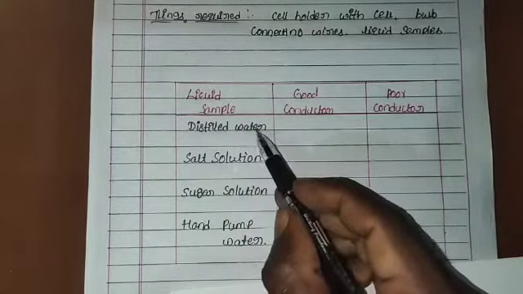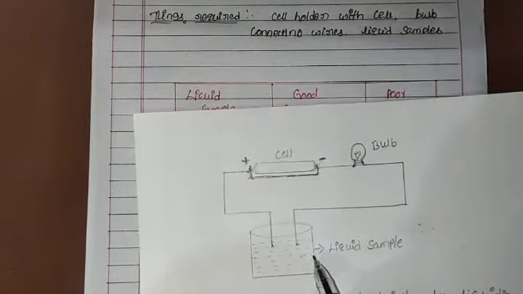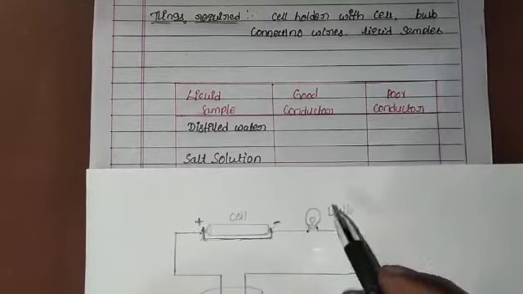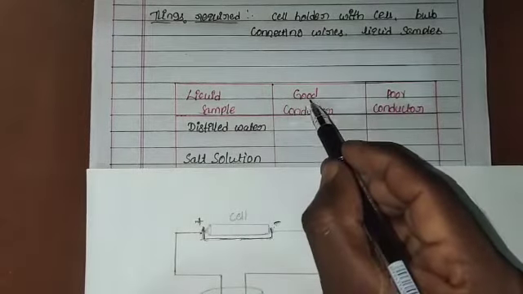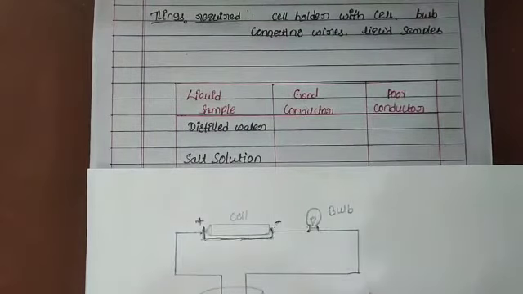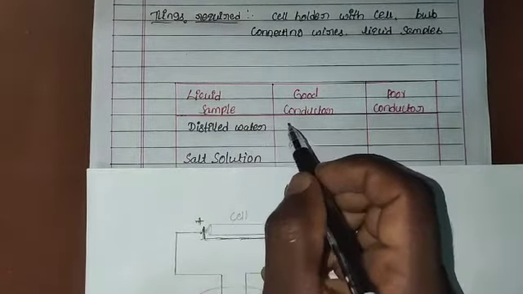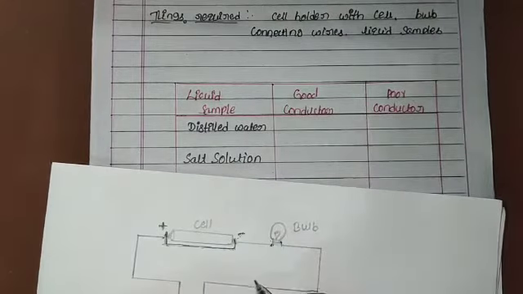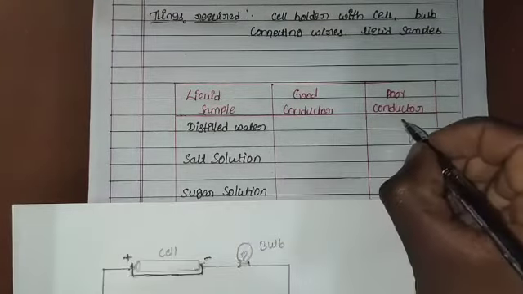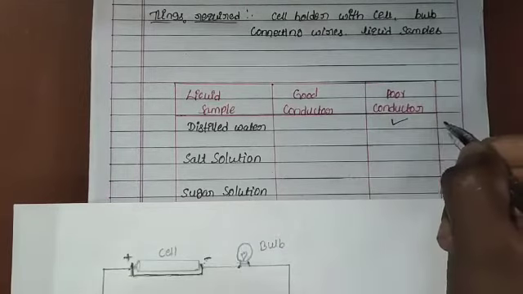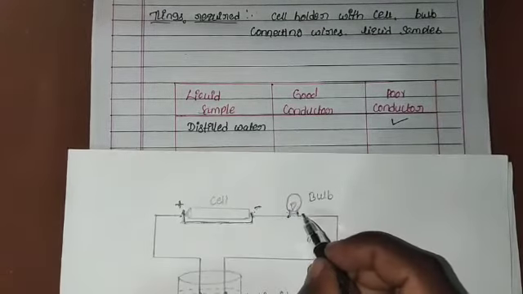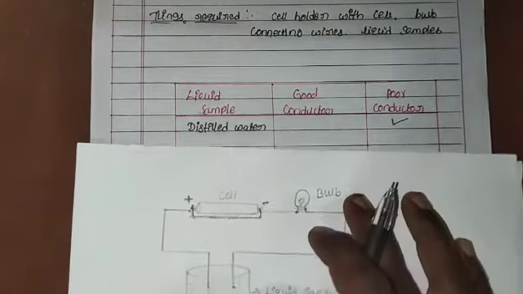At first we have to take the distilled water in this beaker, and then observe this. If the bulb glows, the distilled water is a good conductor. If the bulb does not glow, the distilled water does not conduct electricity, so it is a poor conductor, and we mark it here.